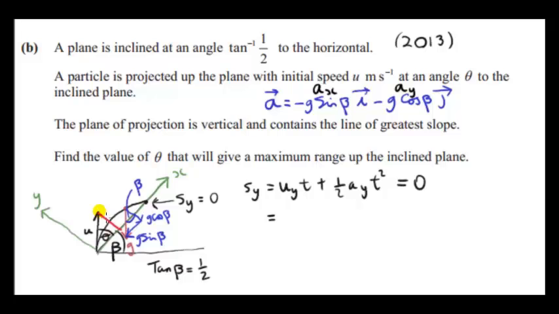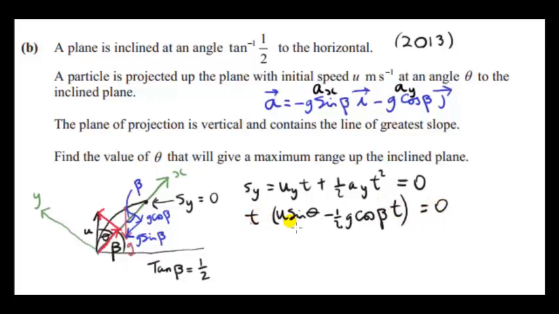We also need uy, and later on we need ux. But uy is just u sine theta. I'll also factorize out a t. So you have a half times ay, that's minus a half g cos beta, multiplied by t squared, but I'm factorizing out a t.